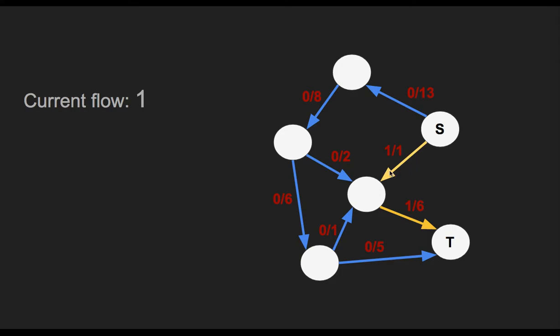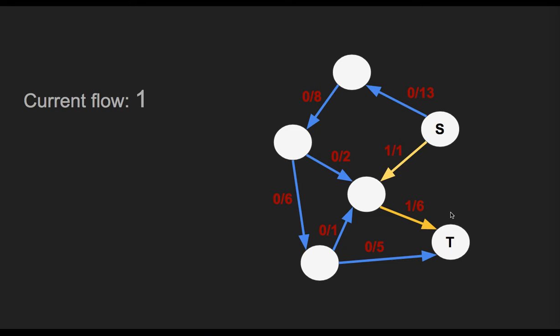And then we have 1, so we can only push 1 through this edge, even though we have a capacity of 6, because we don't have 6 coming out of here. We only have stuff coming out of the S. So we get 1 coming through here and 1 coming through this 6 capacity edge. This is one augmenting path that is possible in this network.